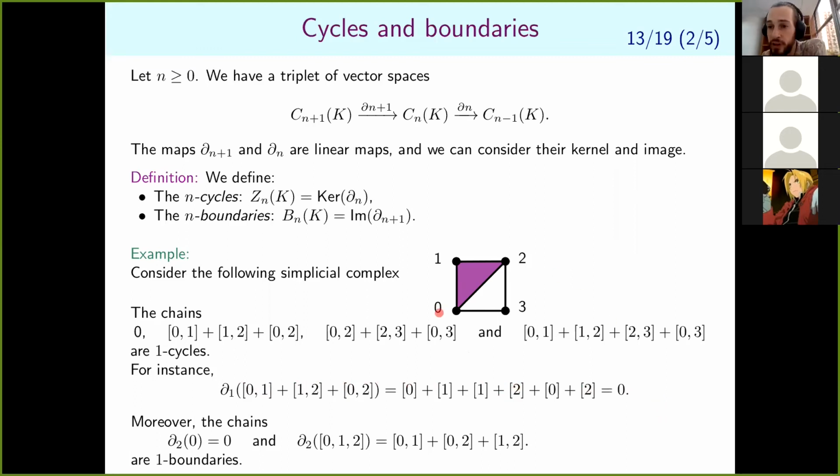And what are the boundaries? The boundaries are the images, the boundaries of simplices. So for instance, this chain here is a boundary because it is the boundary of the two simplex 0, 1, 2.